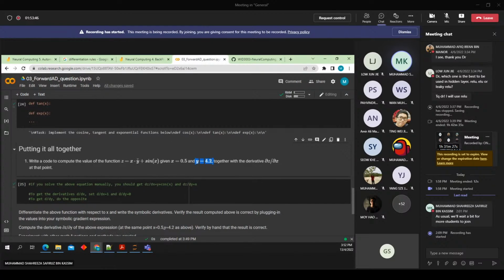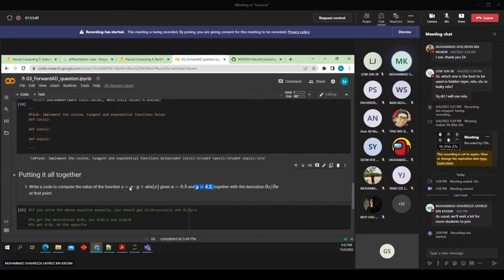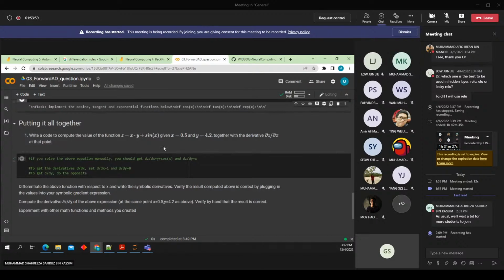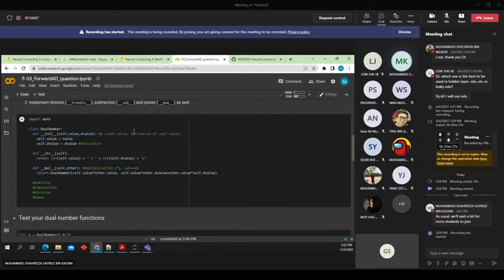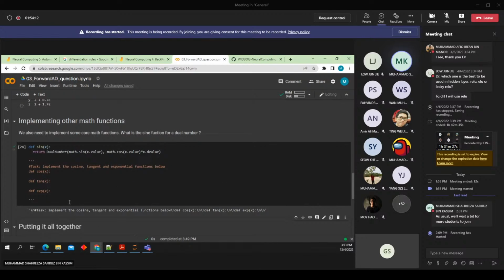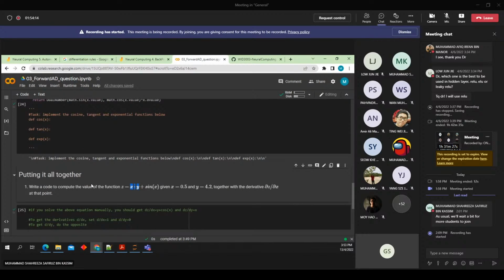So in order to do this, you only need to define the multiplication, the addition, and also the sine. Sine is given here. Trigonometric functions are given here. Sine of x is given here. So you only have to define the addition and the multiplication in your dual number class, which is pretty easy. Okay.